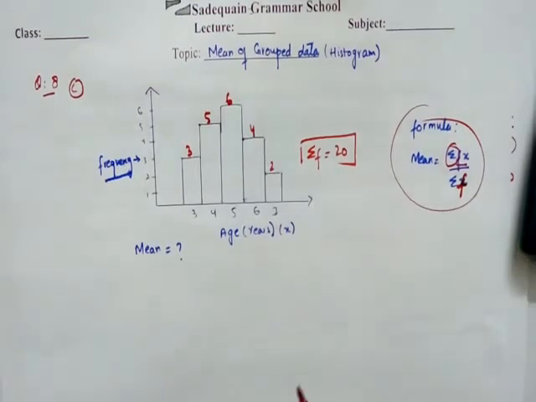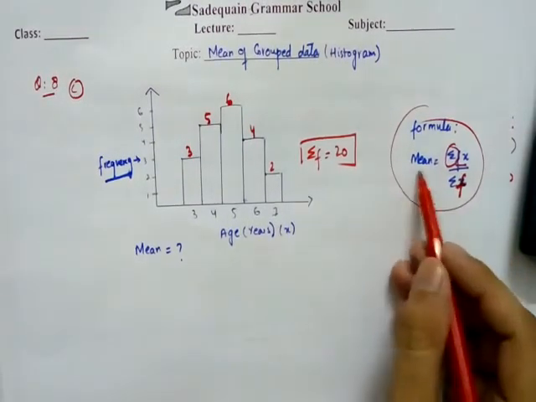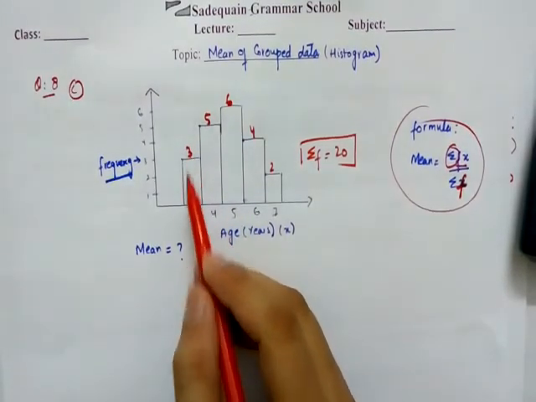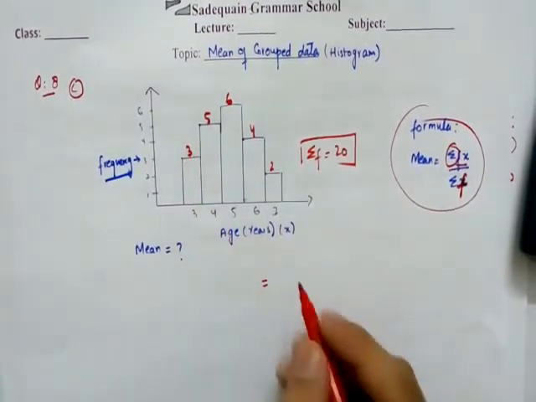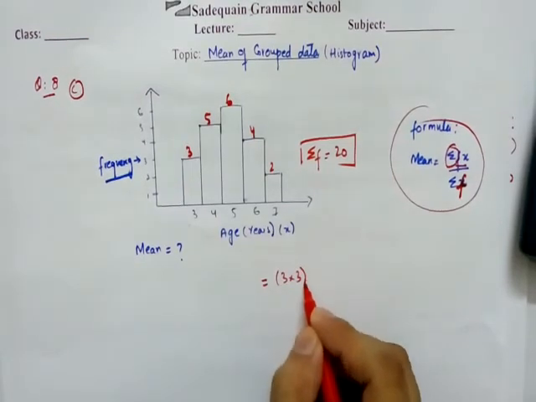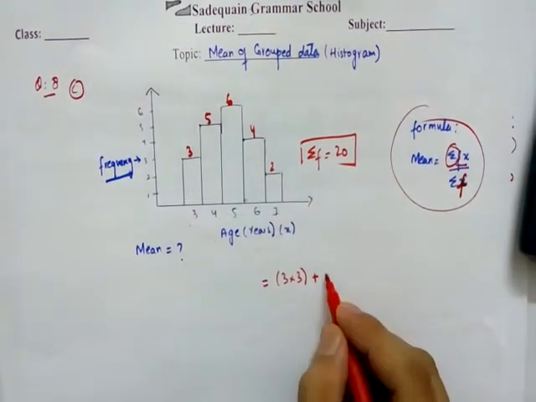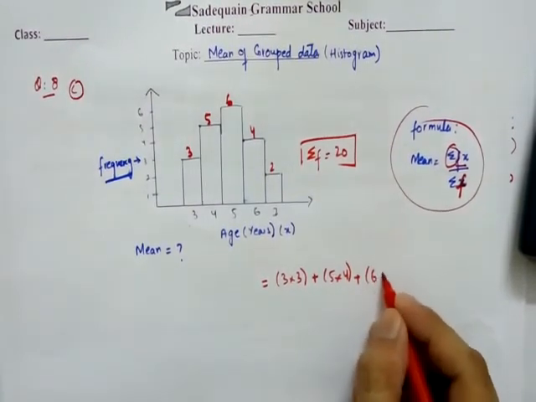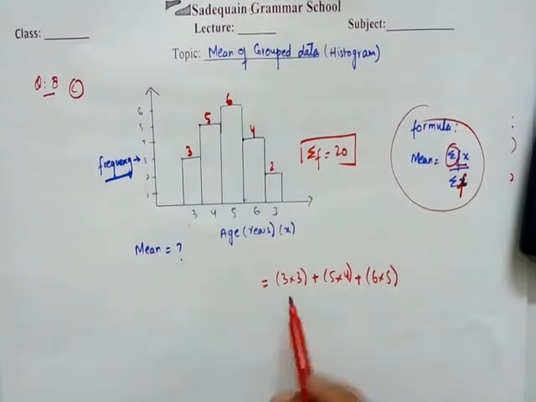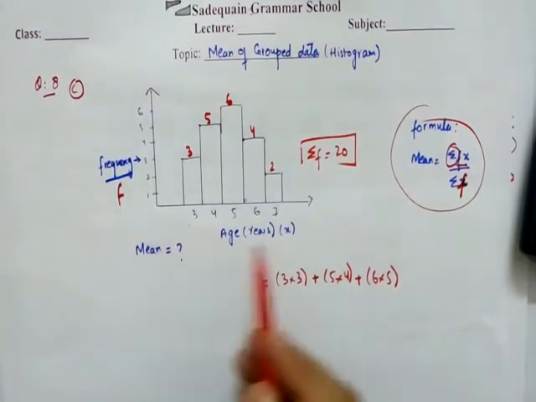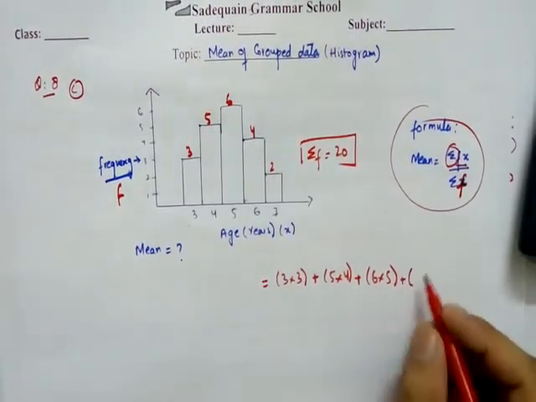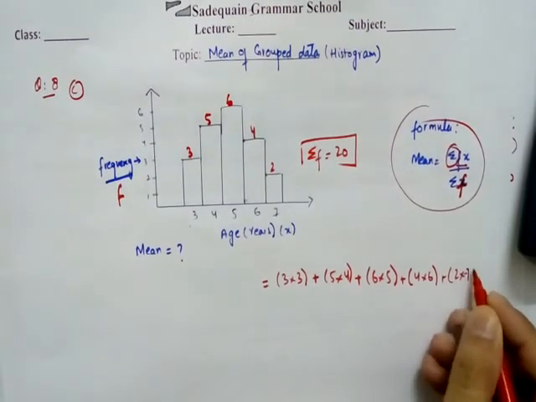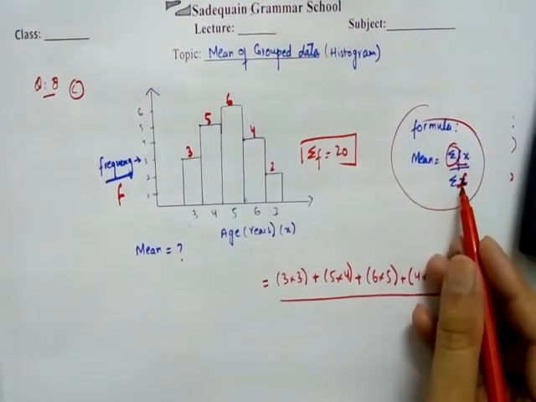So as the formula suggests, mean is equal to summation fx. So summation fx would be multiplying that x by f, 3 into 3 plus 5 into 4 plus 6 into 5. I am multiplying f by x, that is our f and that is our x, plus 4 into 6 plus 2 into 7, whole divided by summation f, which is 20.